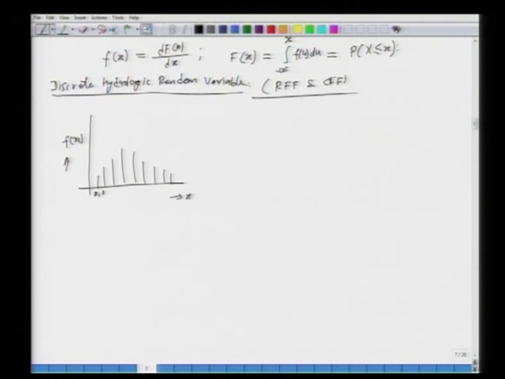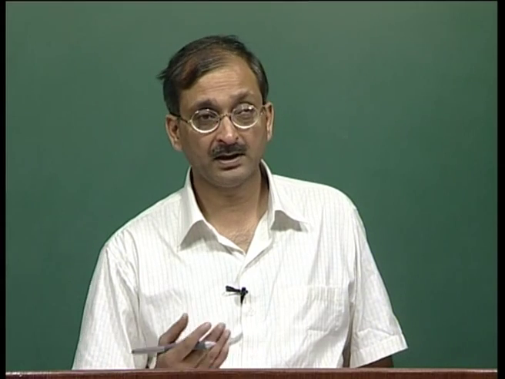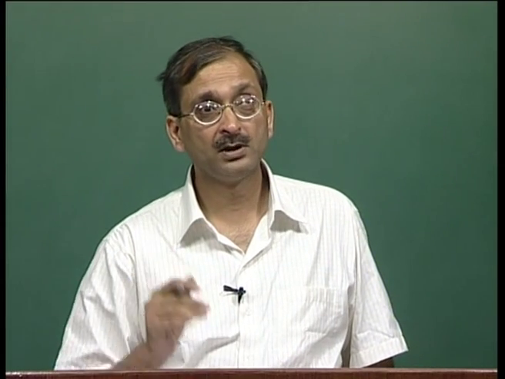This is x1, x2, x3, and so on up to xi and all the way to xn. There are n data points and each one has a certain probability of occurrence. For a uniform distribution, they may all be the same, but if the data follow some other distribution, this will be according to that particular PDF.